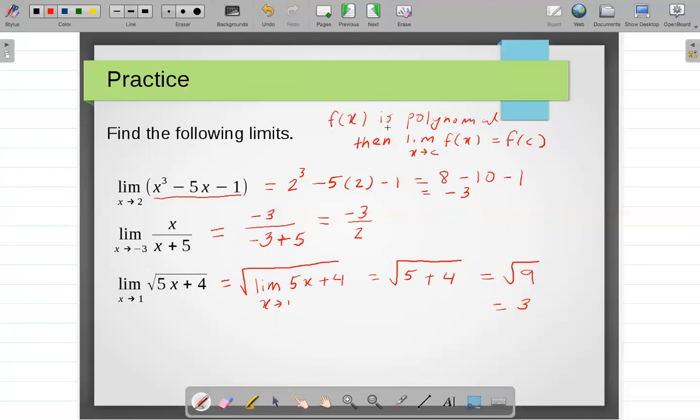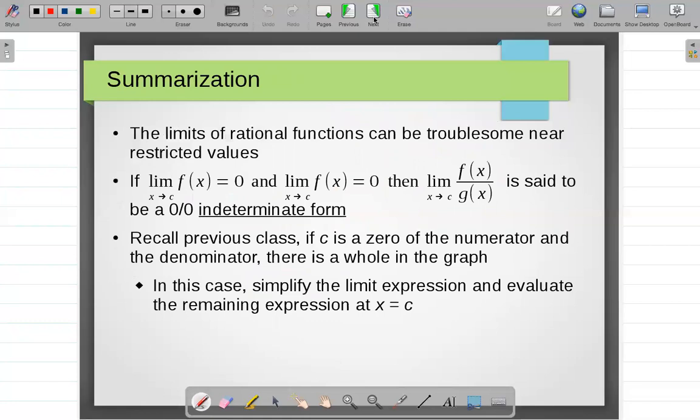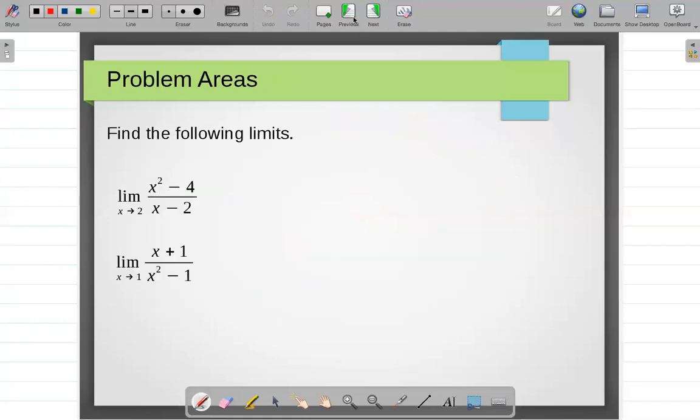Okay, now the next one. What about the limit of something like this? I said that with a fraction like this, I have to cancel the numerator and denominator if I can.